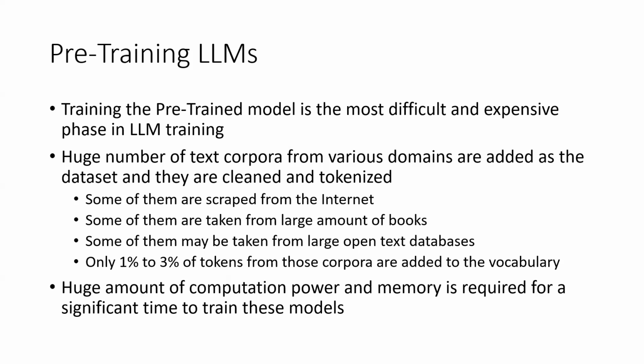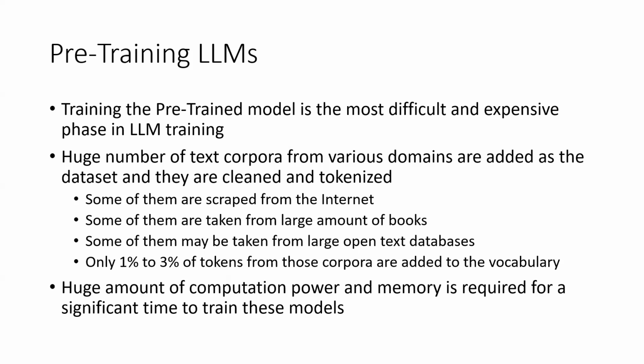And you have to run it on a computer where you have a lot of memory, like terabytes, or many gigabytes of memory, required to train a large language model in its pre-training phase, right? And also you have to train it for several days or weeks or even months for training a pre-trained model. So this is the most expensive learning phase of the LLM.